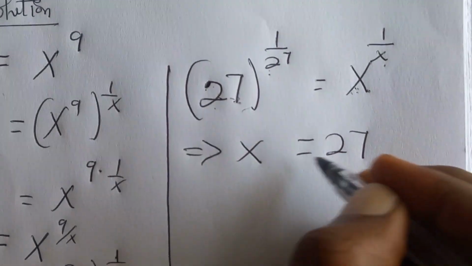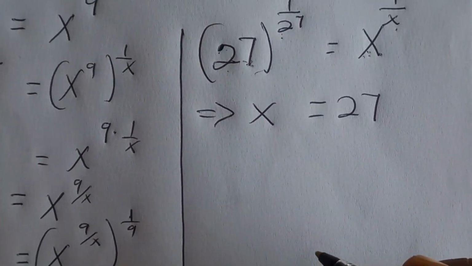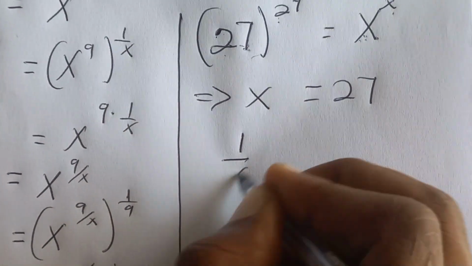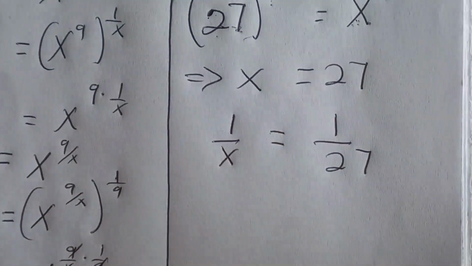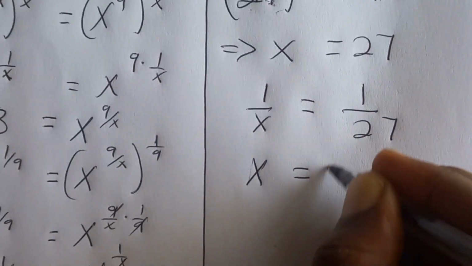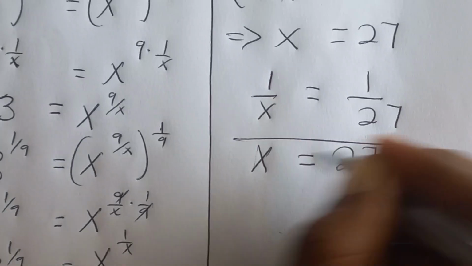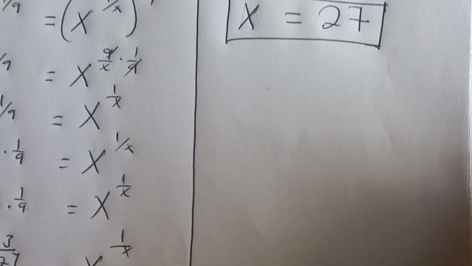If the bases are equal, it means that we can equate the exponent. So you can say that 1 on x is equal to 1 on 27. So in this one, we have x is equal to 27.